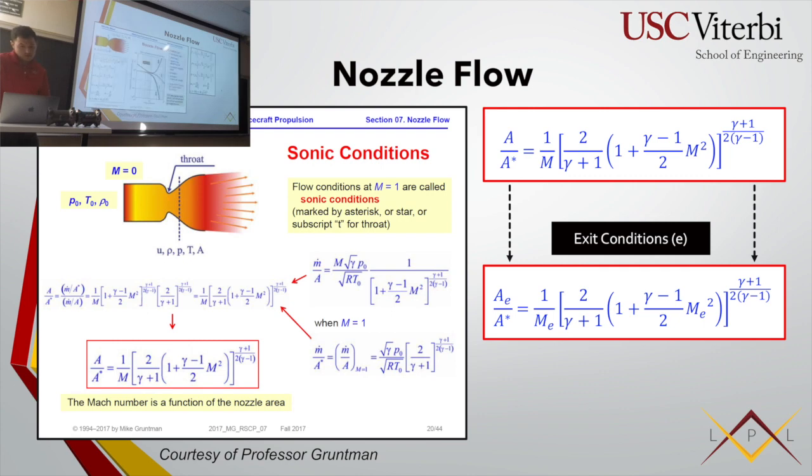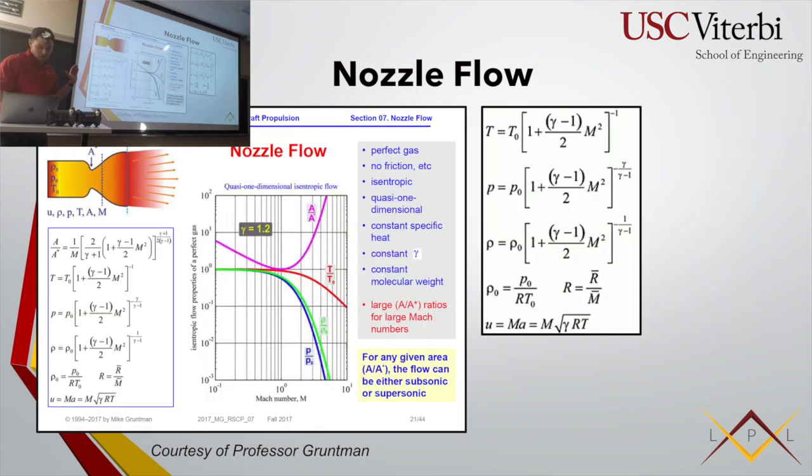So this is pretty much the trend of what happens with all your fluid properties as you go throughout the nozzle. All right, so what this graph shows is your isentropic Mach number flow relations.